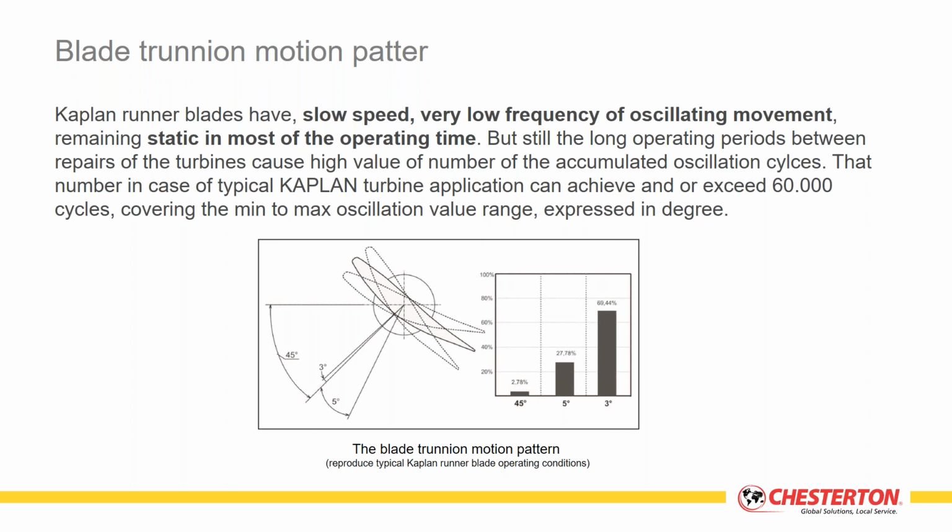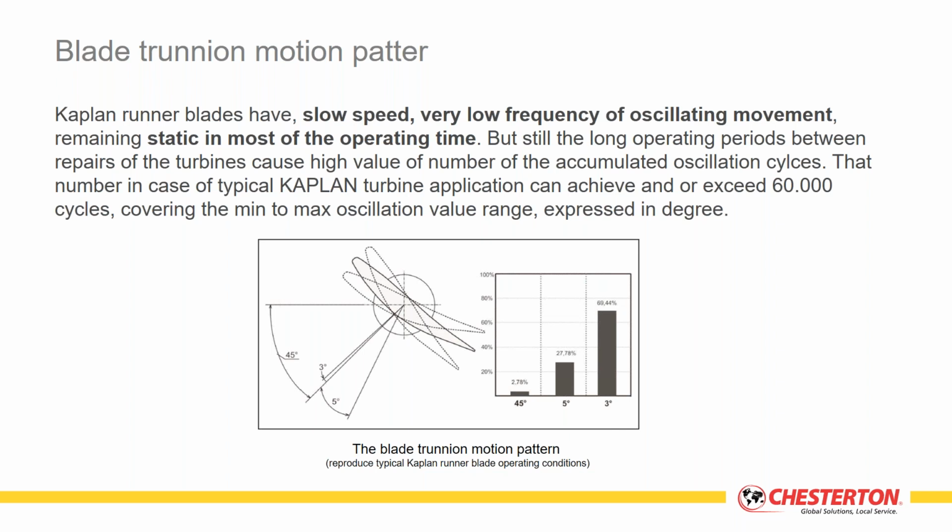The Kaplan runner blades have a very slow speed and an extremely low frequency of oscillation. But in reality, most of the operating time the blades are at a standstill, or in a much more static operating mode.